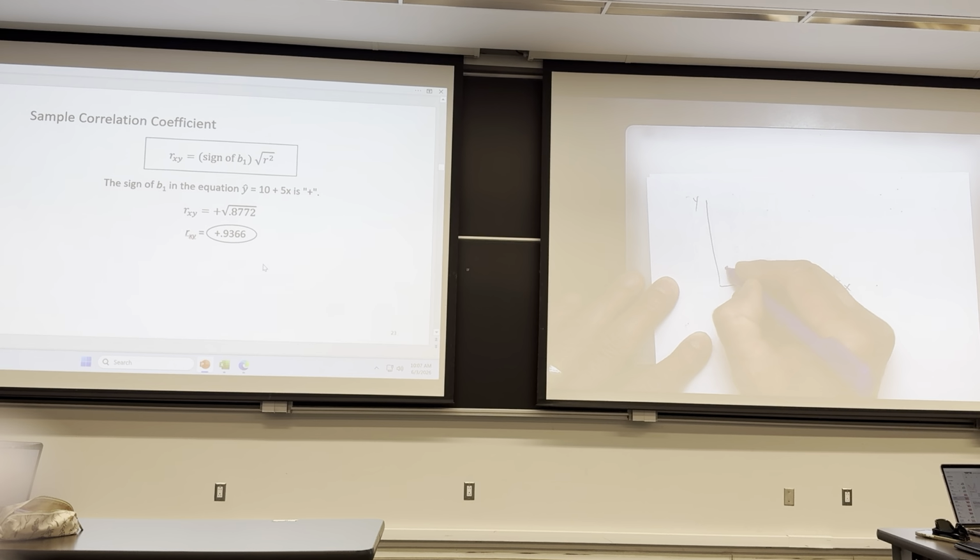Let's say this is your data. All the values are falling on the regression line exactly. There is no variation left out. So the coefficient of correlation over here is 1.